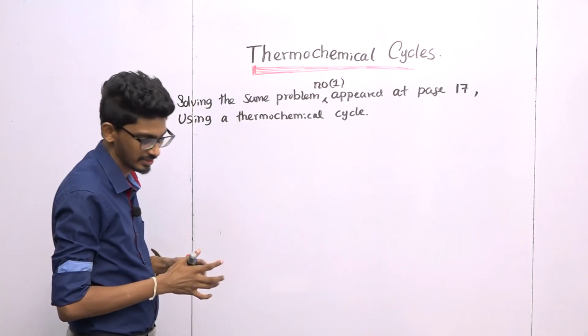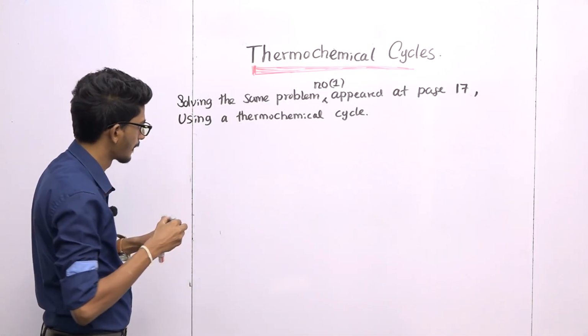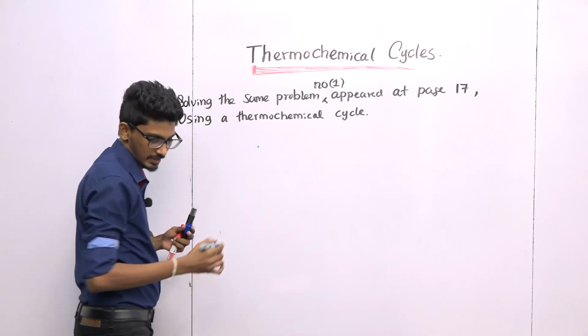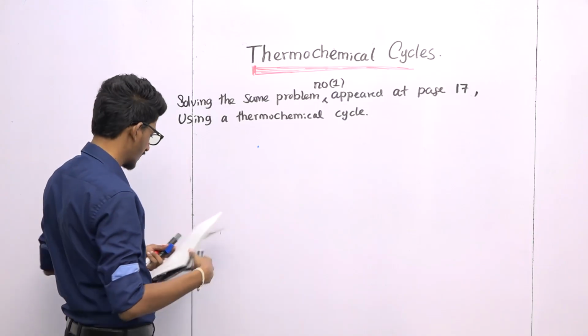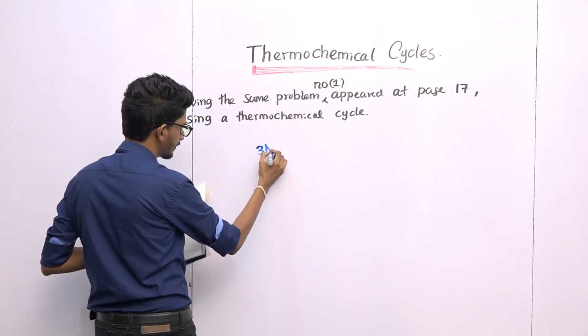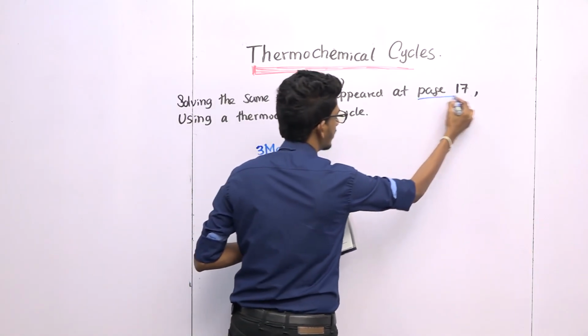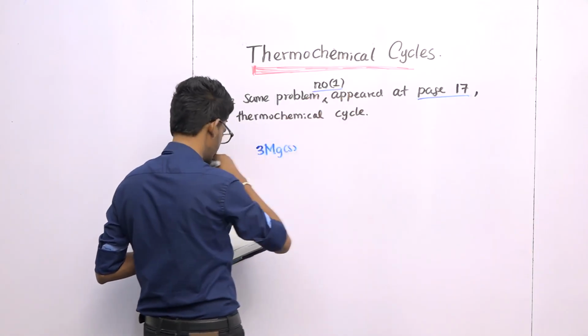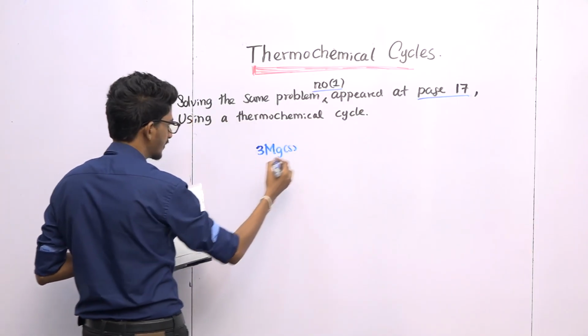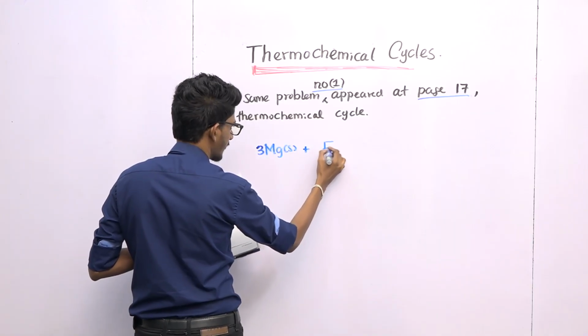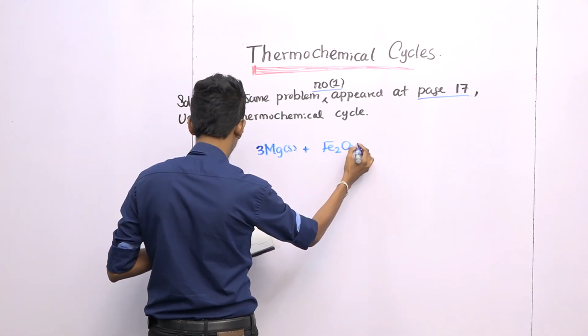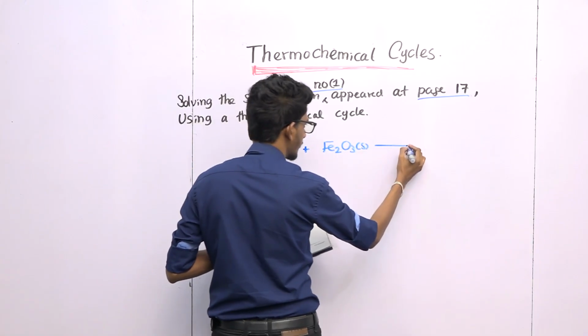So that reaction is what? The reaction that appeared at page number 17, the first question, is given as 3 of magnesium solid plus Fe2O3 solid.